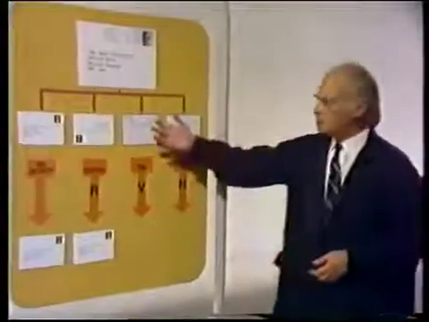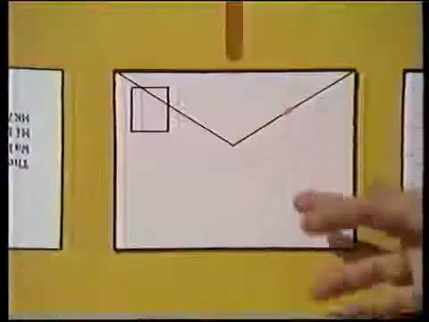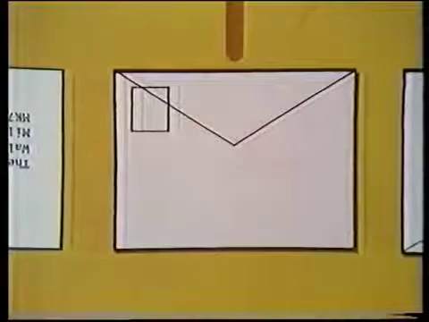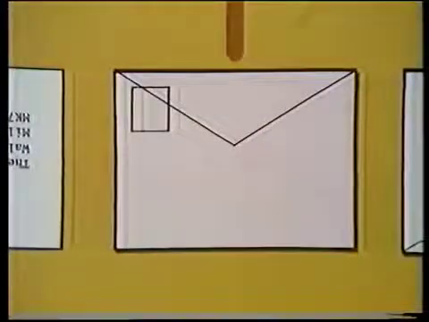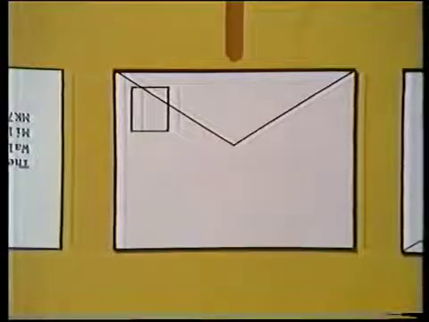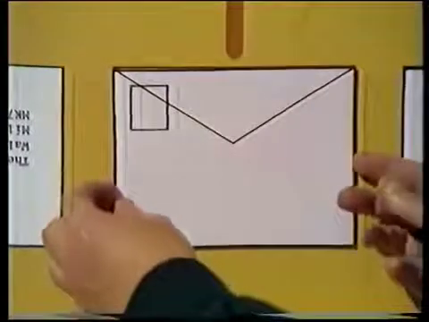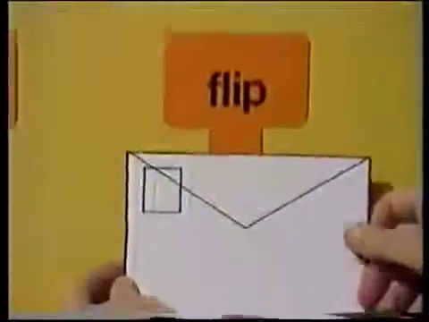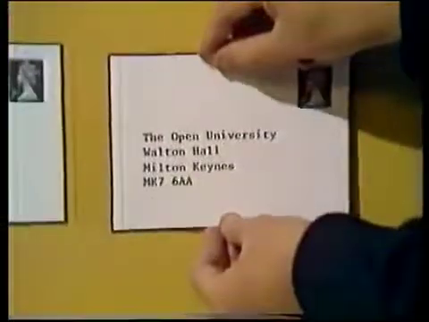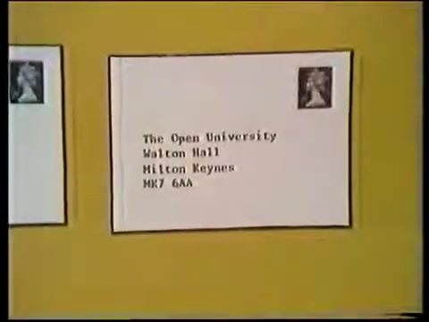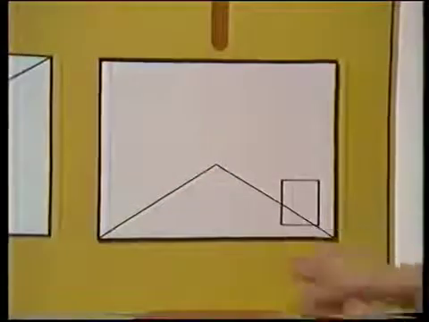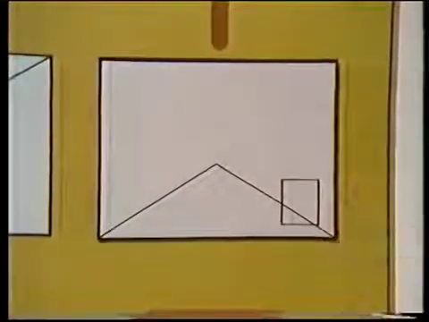Third possibility, back of envelope towards us when it arrives, flap at the top so the stamp's really behind here. I have to turn it over. Now, in order to turn it over, there are 2 possible ways I can turn it. And in this case, I have to turn it over or flip it about a vertical axis. And lastly, again, back towards us, flap at the bottom, stamp, in fact, here behind.